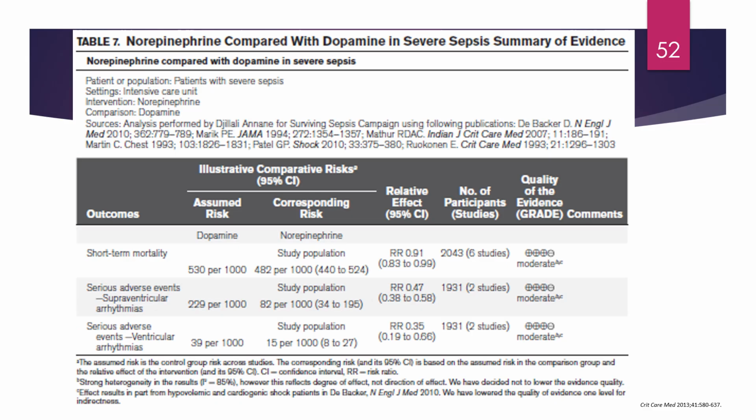If you actually take a look at the evidence that's out there, norepinephrine compared with dopamine in patients who previously had severe sepsis actually showed an increased risk of short-term mortality, supraventricular arrhythmias like SVT, for example, and other serious adverse effects like ventricular arrhythmias. And obviously, if we can avoid those things, we're going to avoid those things.